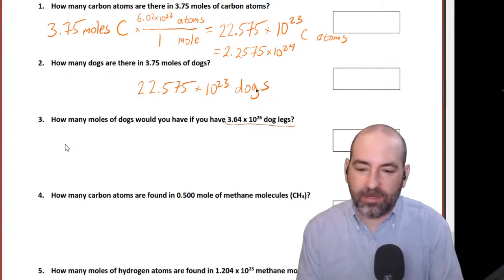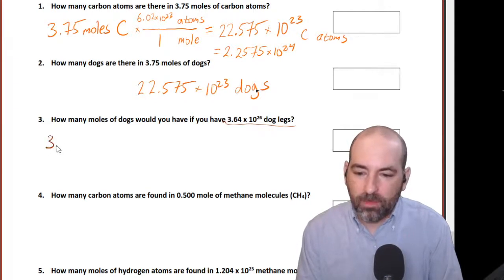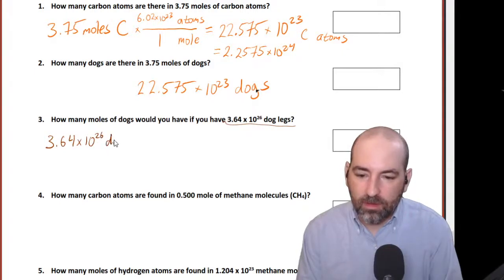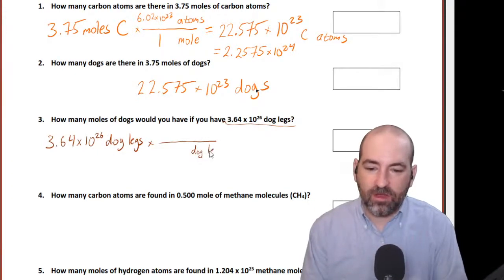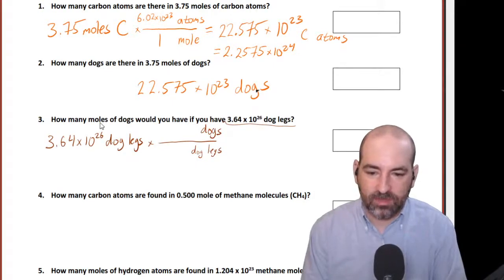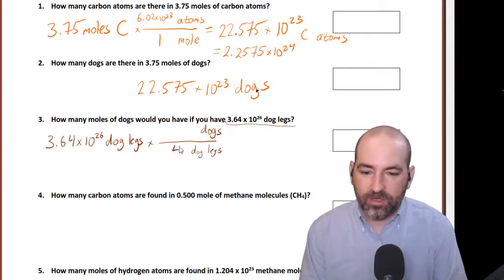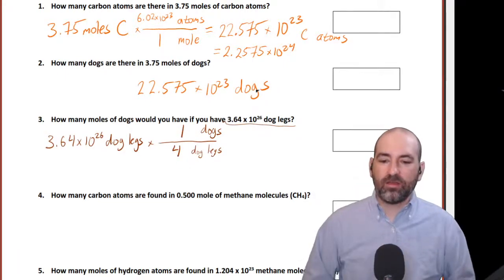So we're going to have this many dog legs, but we actually have to cancel that unit of dog legs, because what we really want is dogs. That's what we're being asked for. So there's 4 dog legs in each dog.